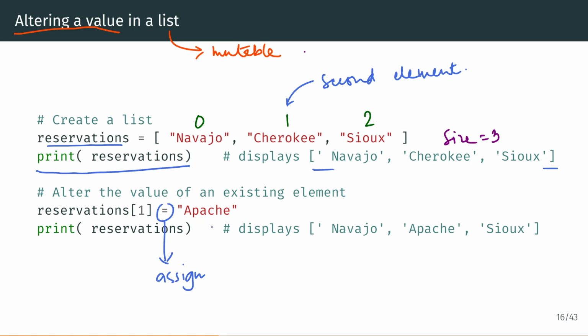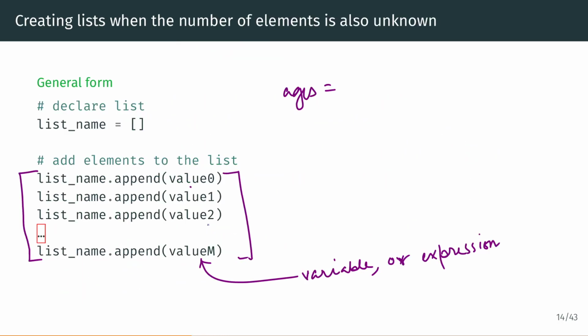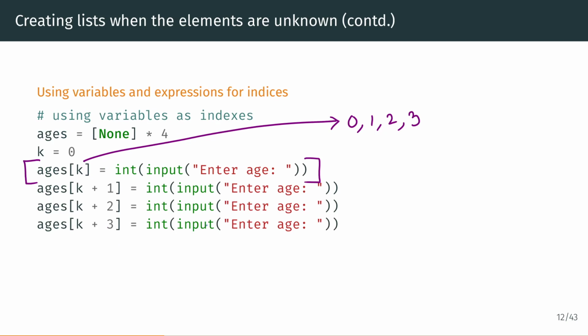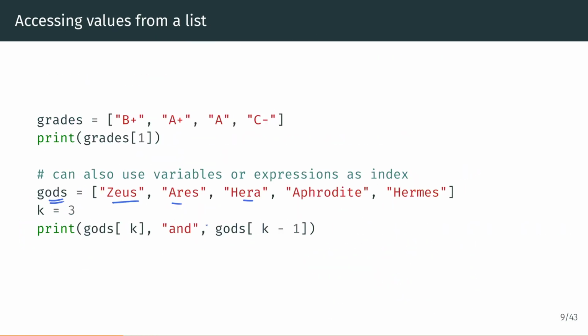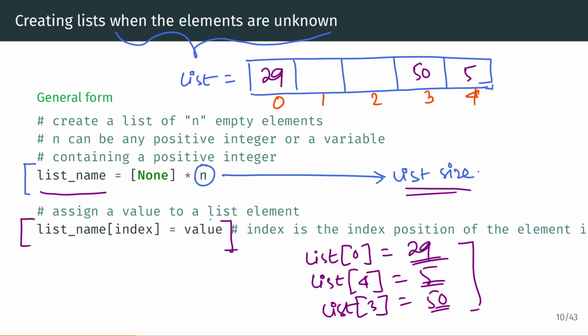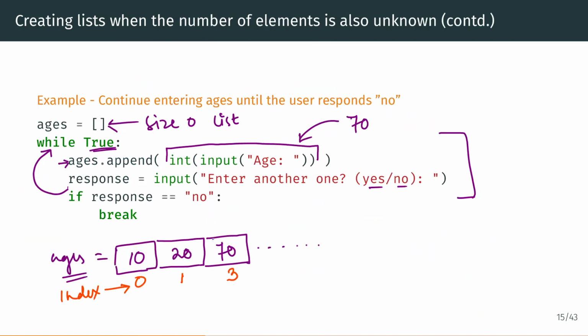So if you go back to our previous discussion on creating lists with unknown elements but a known number of elements, that's what we do here. We say list name, index, equals value, right? And that's what we are doing here as well.